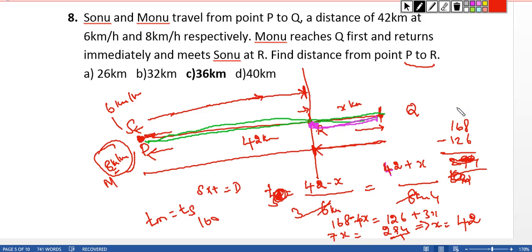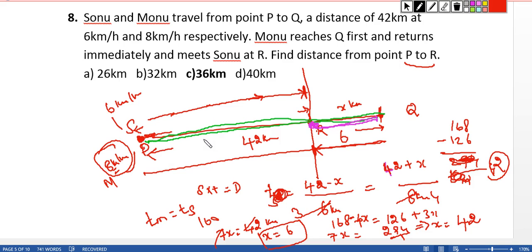Sorry about that, we have to subtract that. If we subtract, we get 7x equal to 42 kilometer. So we'd be getting x equal to 6. So this distance is actually 6.